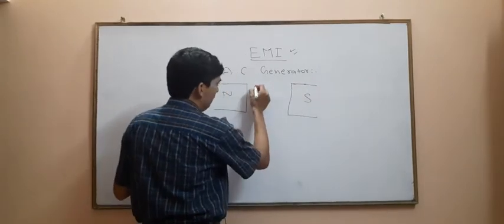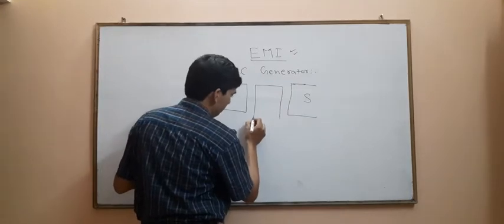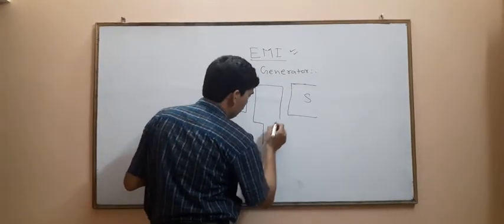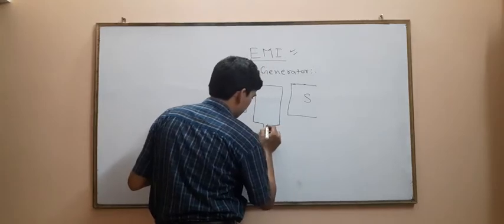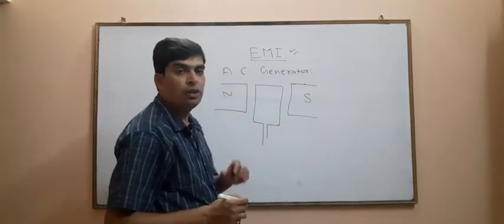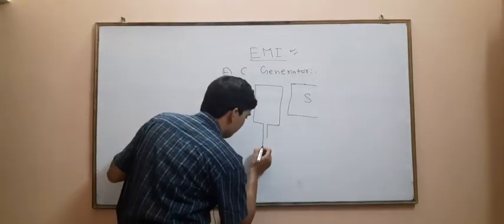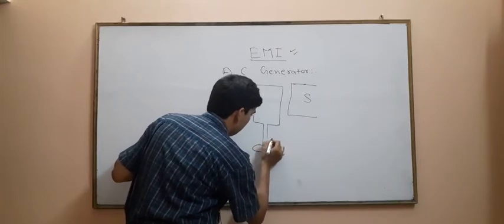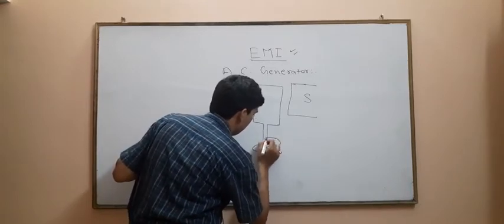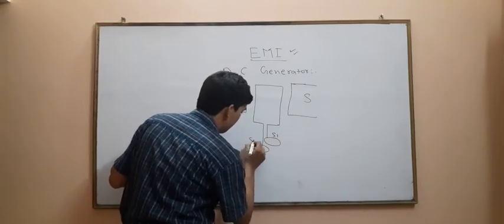Now one armature is designed here, and the armature is carrying two wires, and these two wires are connected to two coaxial slip rings. This is slip ring S1, this is slip ring S2.